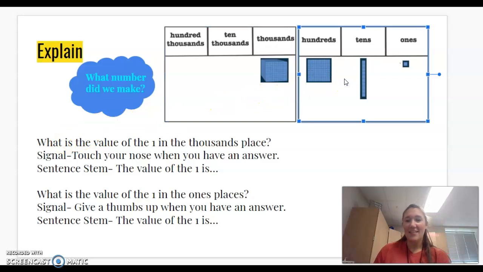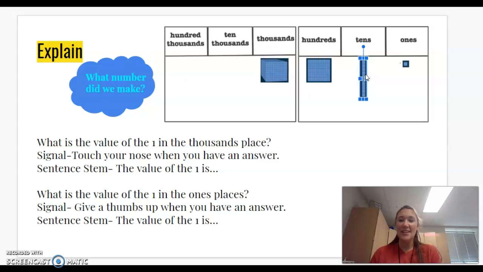If we take a look at this model up top, what is the value in the ones place? We would go over to our ones column, and they have one block in here. So 1 is its value.